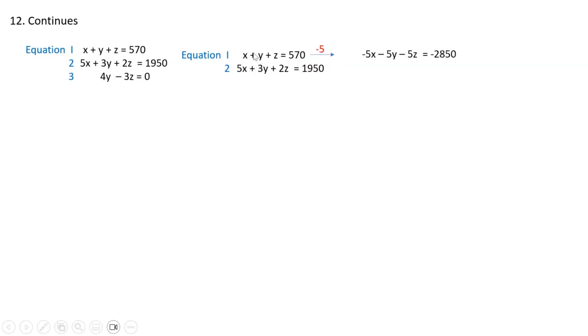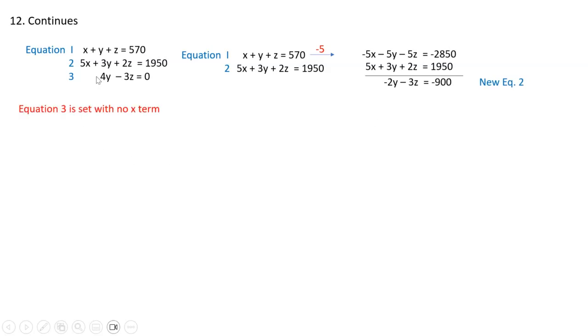That gives us -5x minus 5y minus 5z equals -2,150. Equation 2, we'll just bring it over. So we have -2y minus 3z equals -900. That's my new equation 2.